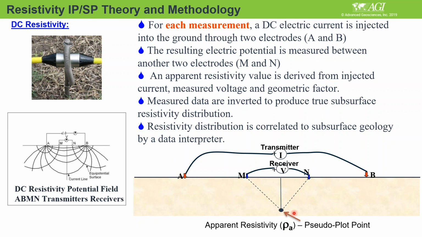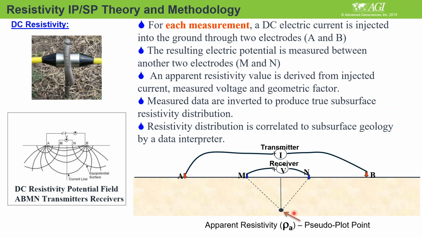But the reality is not like that. The reality underground is not homogeneous. There is a lot of heterogeneity, and also a lot of directional changes. That means whatever you measure, you don't get an exact real resistivity value, so you need to convert that apparent resistivity to true resistivities.